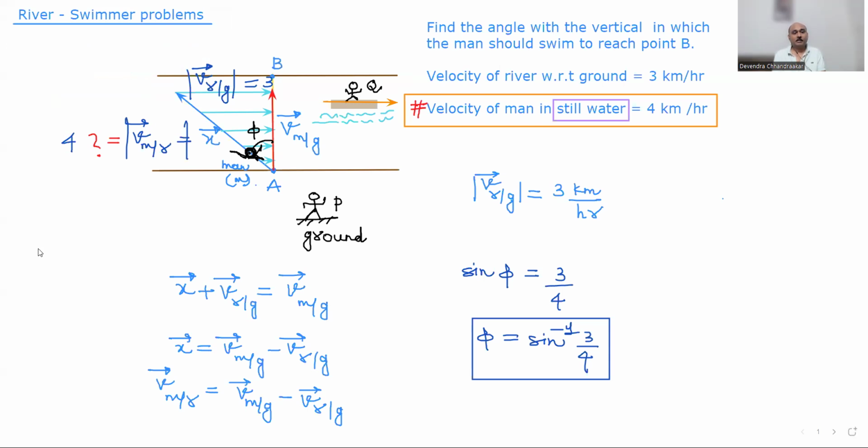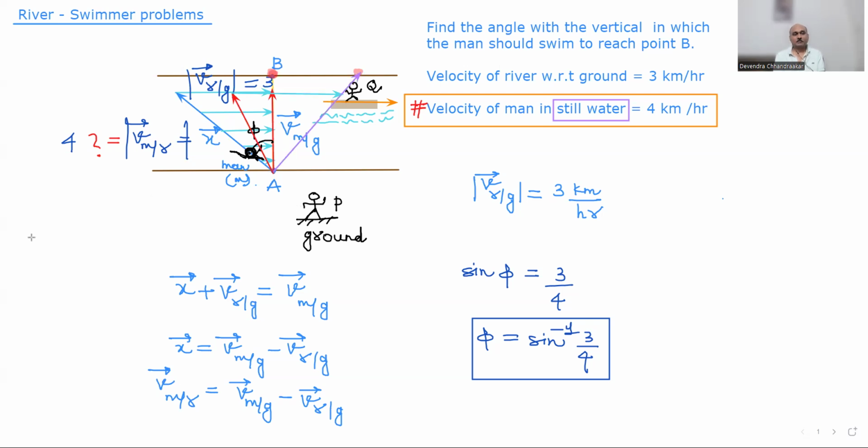Drift means the distance from point B that the river has pushed this man. So this will happen only when the man travels along this direction, and the river is pushing him along this line, and this line will be the line where he will reach.